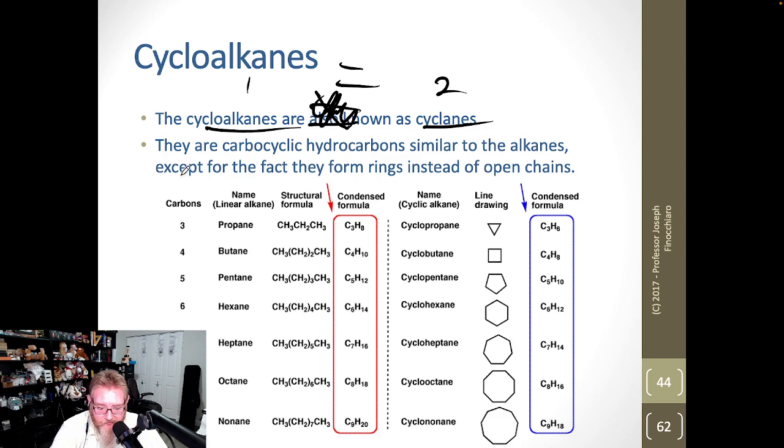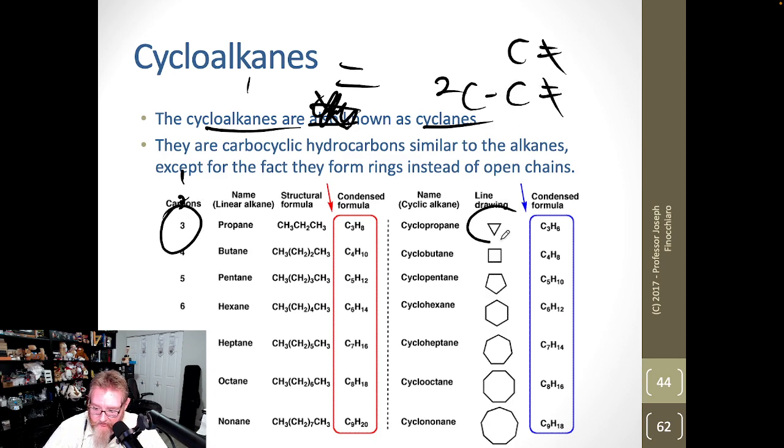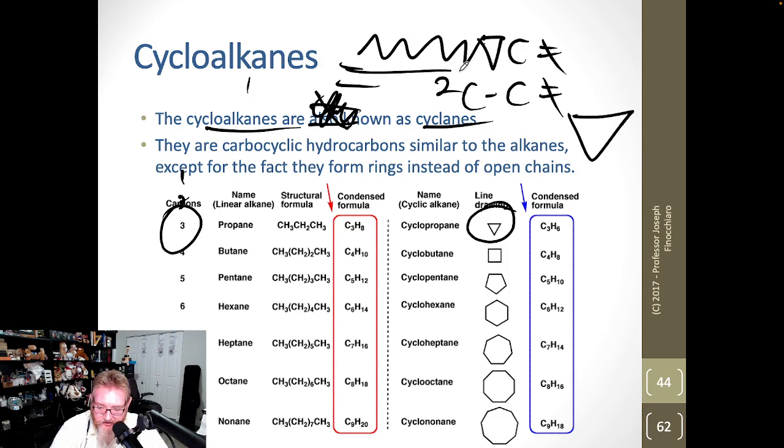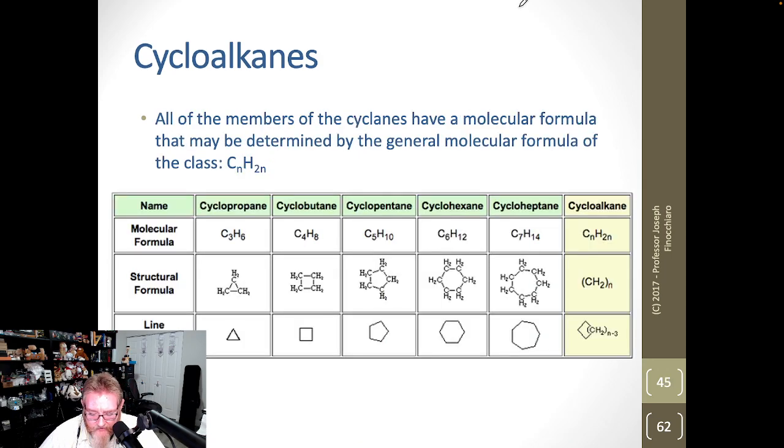But notice we don't have a 1 and 2, remember? 1 can't form a circle. 2 can't form a circle. It's not until 3 that we can finally form a circle. And if you ever see a chemistry drawing and you see a carbon chain, a bunch of carbons connected to a closed chain at the end, that's all this stuff is.